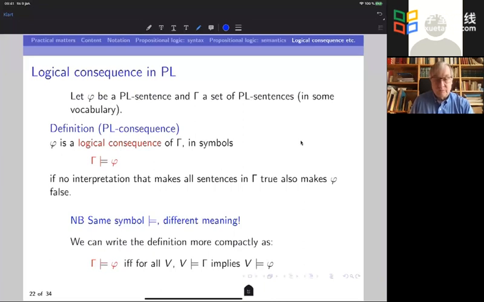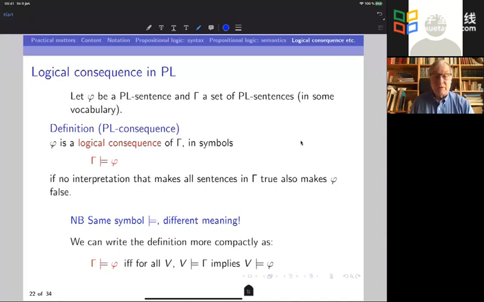Or, to put it more positively, if V is an interpretation which makes all the premises true, then it also makes phi true. So now we have got rid of this word must, because we're quantifying over all possible valuations. So for every interpretation that makes all the sentences in gamma true, that interpretation also makes phi true.